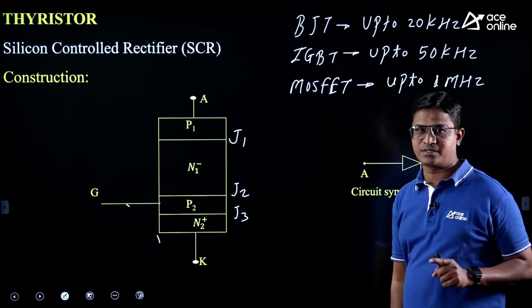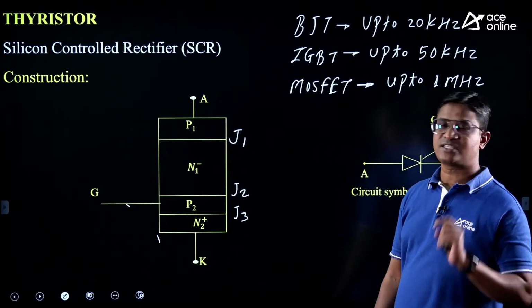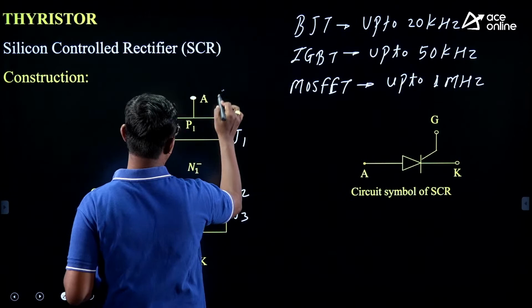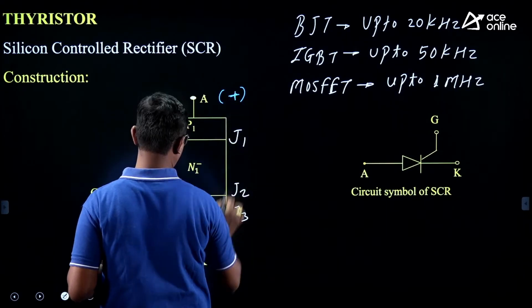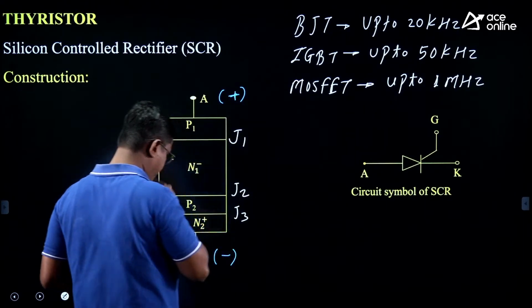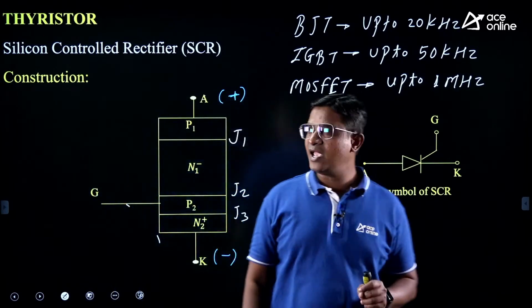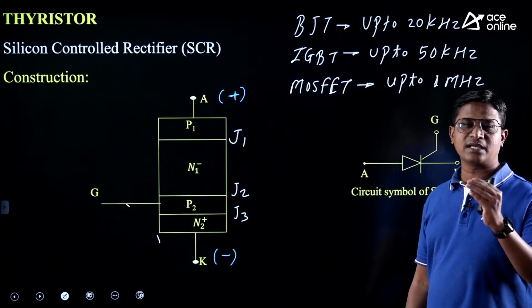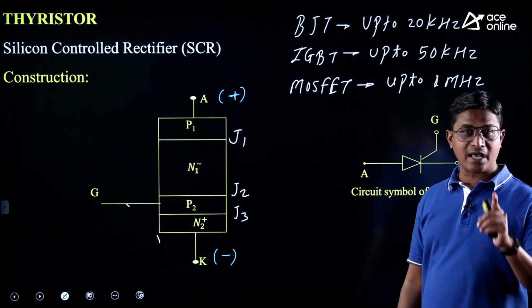Next, some important points. SCR forward bias mode means anode is at a higher potential than the cathode. Then how many junctions will be in forward bias mode? They have asked this question.